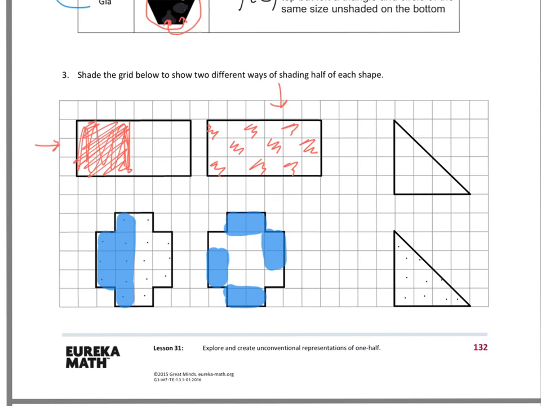So what I'm going to do here is, if I have 4 halves, I'm going to shade 2 of them. And then I had 6 full, so I'll just shade 3, because that's half of 6.